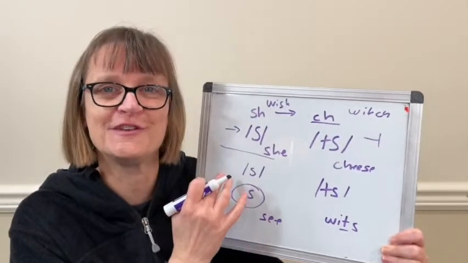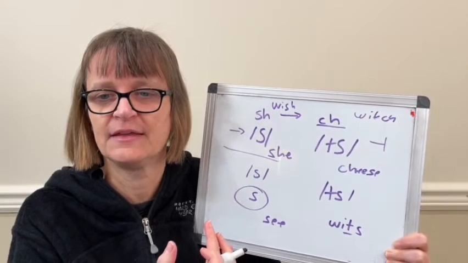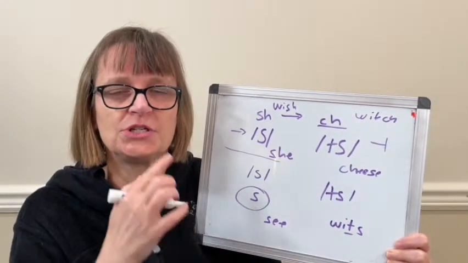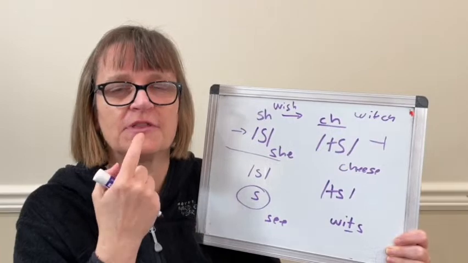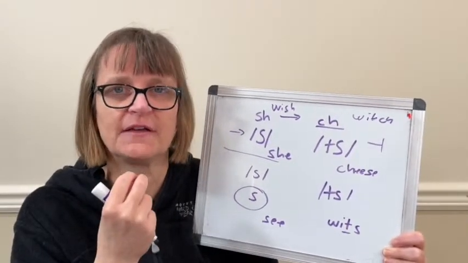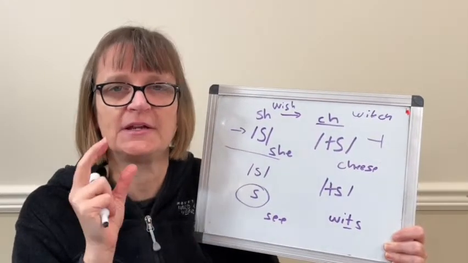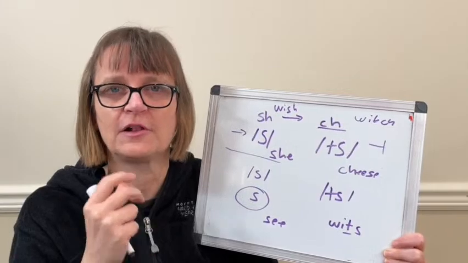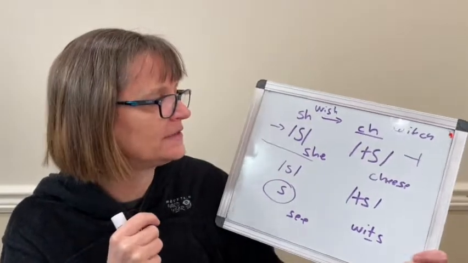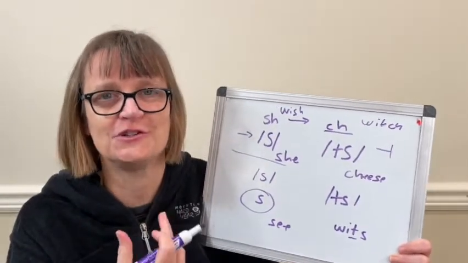Again, I do have some videos for SH and CH, and it sounds like when I'm saying SH and CH, neither of those sounds do my teeth fully come together. So with CH and SH, my teeth are close, but they're not closed. So it's okay to have the teeth apart for those sounds, but you don't want the tongue too far forward.